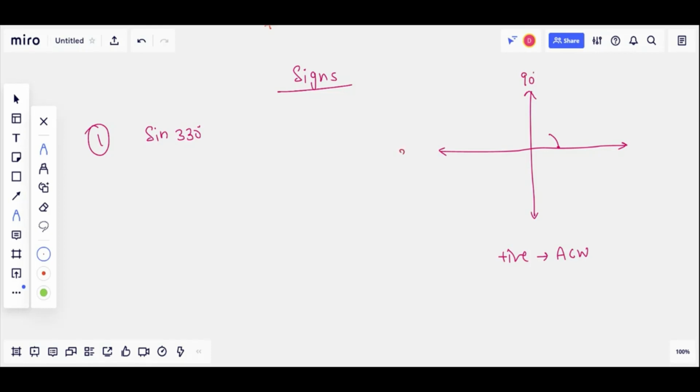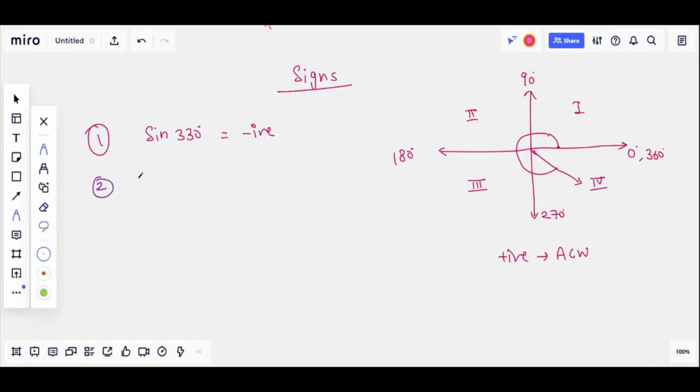So this is 90, this is 180, this is 270, and this is 0, or let's say 360, one complete revolution. So 330 will definitely lie somewhere over here. We are not supposed to find its actual location, but just the quadrant. This is quadrant 1, this is 2, this is 3, and this is 4. Since 330 is in quadrant 4, and we know that sine in quadrant 4 is negative, this is negative.